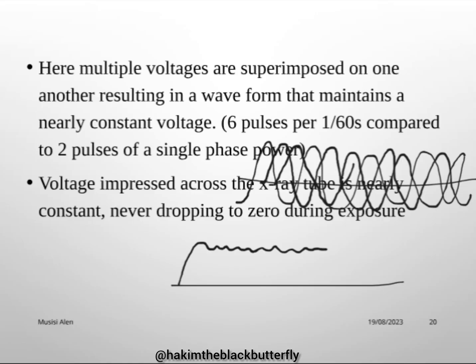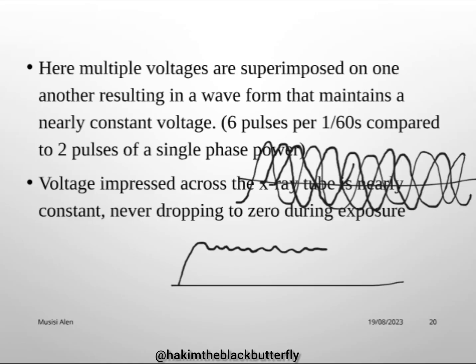The high frequency generator can make the voltage to appear very, very constant, even more than the three-phase generator. The voltage ripple in the three-phase generator ranges between 4 to about 16%.